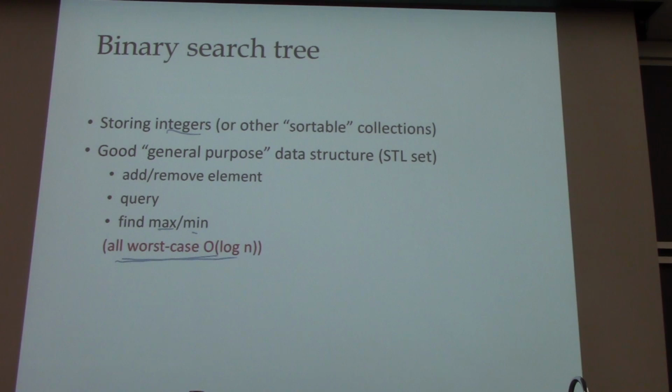So how would you implement a binary search tree? I'm not going to go into the implementation, but how would one implement it? Sorry? Adjacencies. How? So, I mean, different types of binary search trees. So maybe you could have a root node, and if you get some number, suppose it is lesser than that, then you put it in the left subtree, or if it's greater than that, you put it in the right subtree.